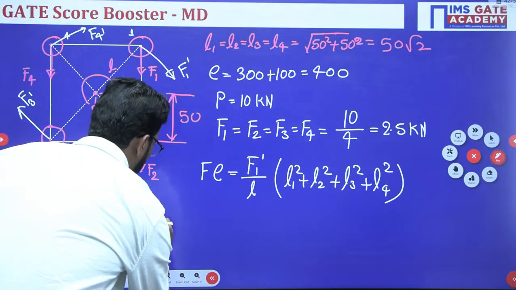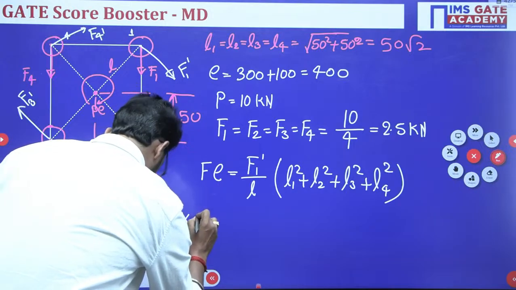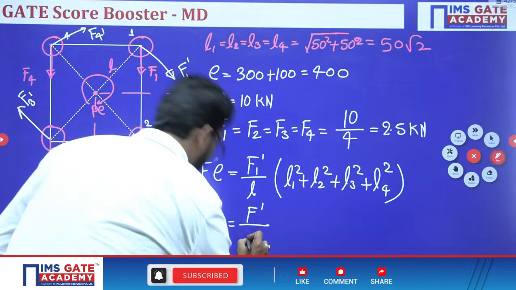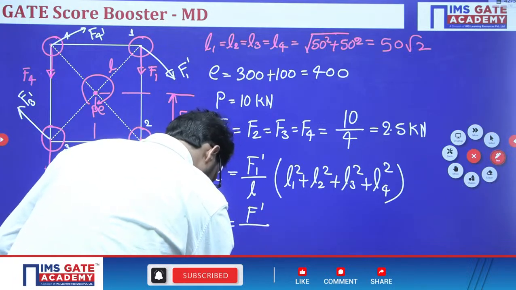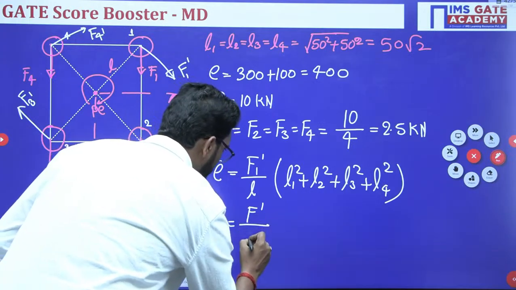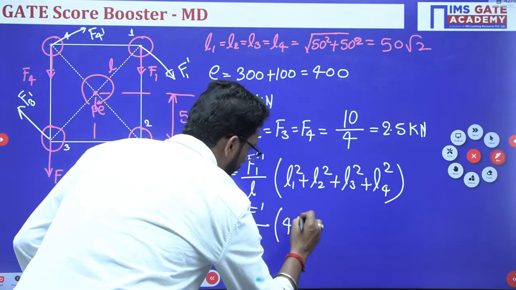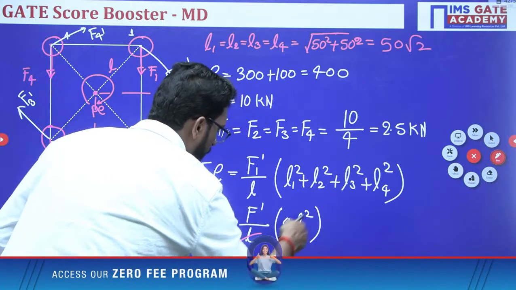Okay. So F is 10, E is 400, F1 dash, L is 50 root 2. You can say F into E, and here it is 4L square, one L cancels.